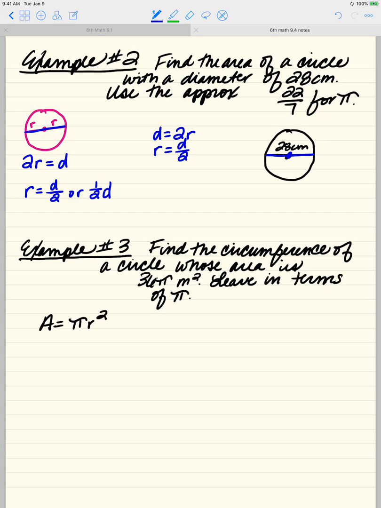So what is the radius of this particular circle that has a diameter of 28? Just plug in 28 for your diameter. 28 divided by 2 is 14. So the radius of this circle is 14.